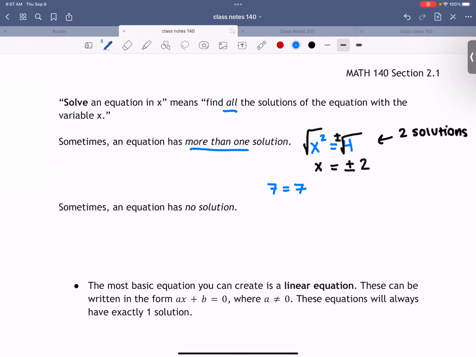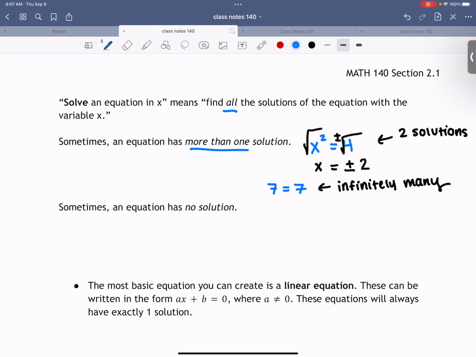Infinitely many, right? There's no x in this equation, so it doesn't matter what I plug into an x if it's not there. So any value of x would fit this equation. So this is an example of something that has infinitely many solutions.